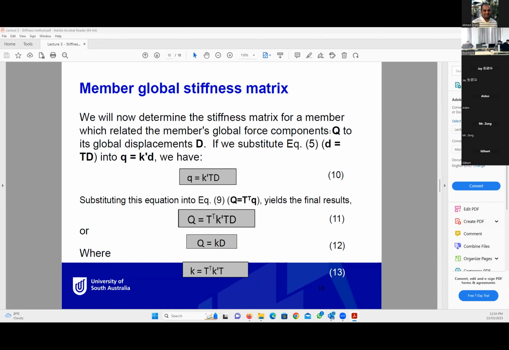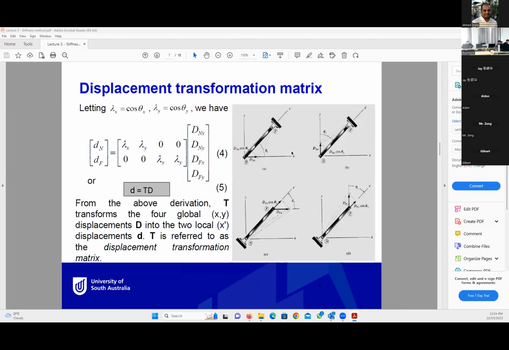So if we substitute from equation 5 into Q equal to Q dash times D, we have Q equal to Q dash times T times D. If we go back to equation 5, this is the connection equation between D small and D capital. So D small equal to T times D.